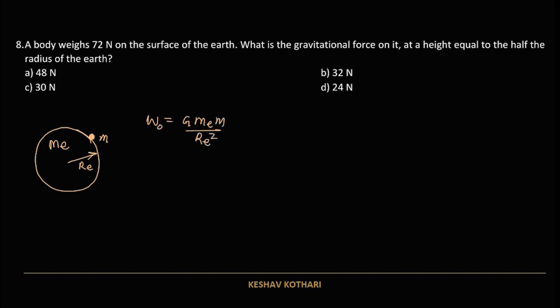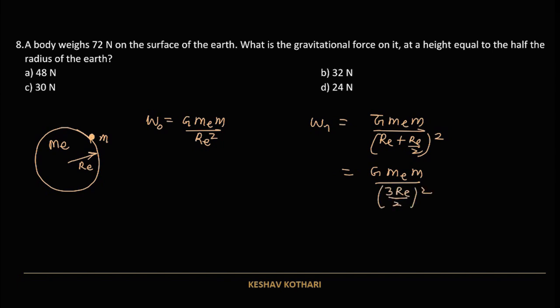Now the problem is saying it goes to a height equal to half the radius of the Earth. So now the distance from the center is Re plus Re by 2, and the force is G Me m upon (Re plus Re by 2) whole square. So the value turns out to be G Me m upon (3 Re by 2) whole square.